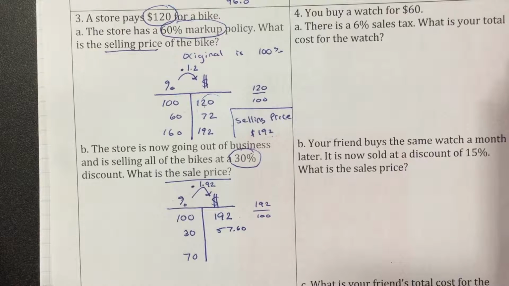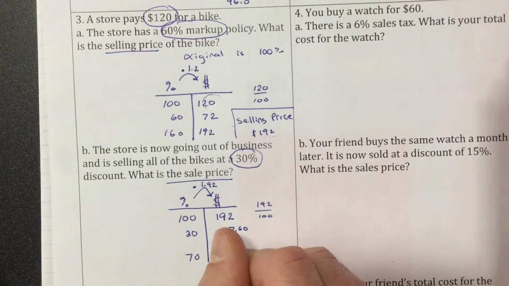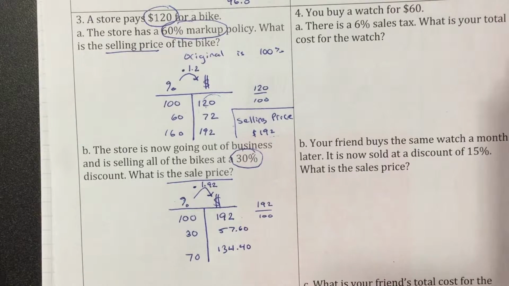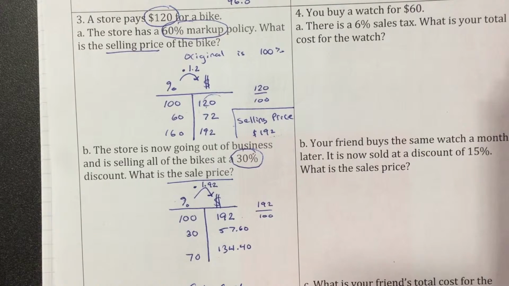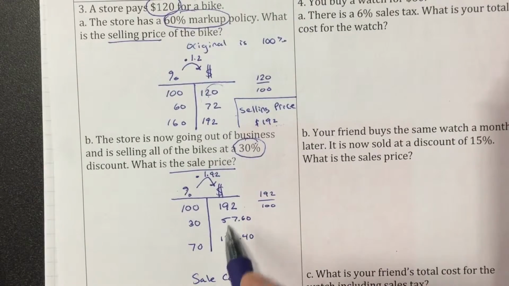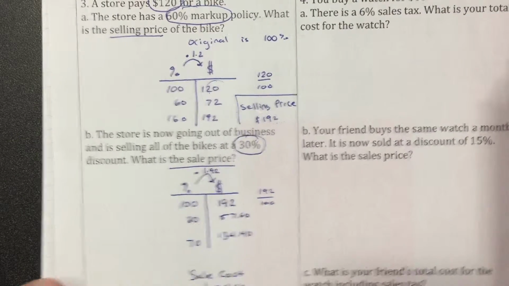And if you're paying 70%, take 70 and multiply it by the constant of proportionality, you will end up paying $134.40. So if you just take this number away from this, you'll also get the sale price.